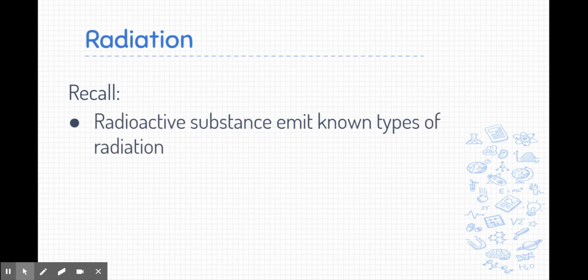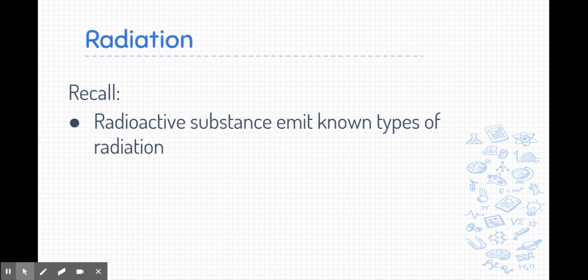But just a few reminders about two features. The first one is that radioactive substances emit known types of radiation. I put "known" in because this isn't just some random thing that scientists didn't know about. By the time Rutherford is doing his work, and all this work really happened in between Thomson and Rutherford's work, a lot was learned about radioactive substances.